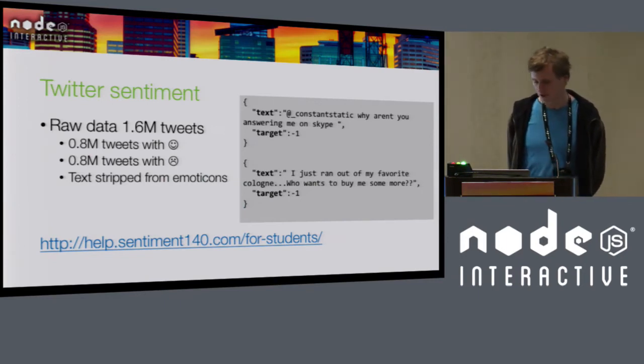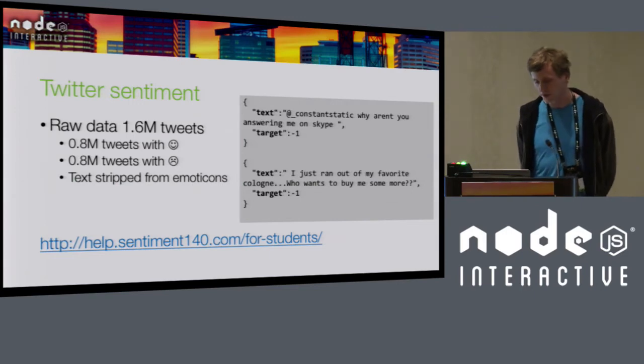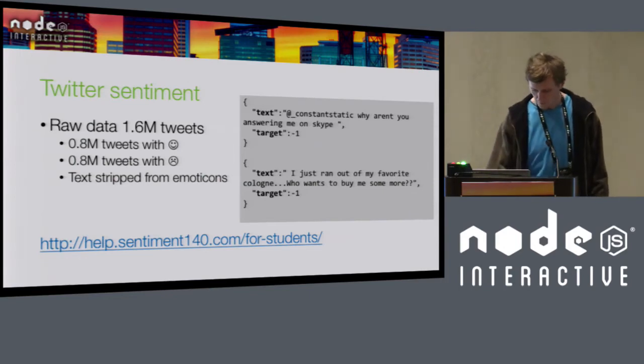So the point here is that these messages, these signals, are actually pretty weak, but the idea is that if you have 1 million of such messages, you might be able to build a model that captures the sentiment of users. And the other thing to mention is that emoticons are stripped away from the messages, because otherwise the learning would not really work.